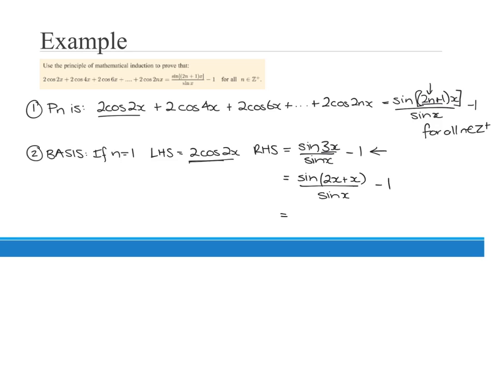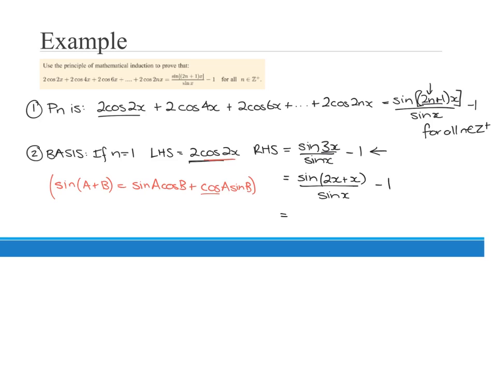Now the reason we can do that is we can use our angle sum identities. So maybe I'll put it over here. If you've got sine (A plus B), that's going to be equal to sine A cos B plus cos A sine B. Now we're using this one because we need to bring in cos.